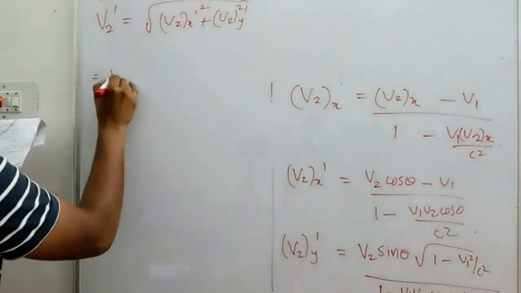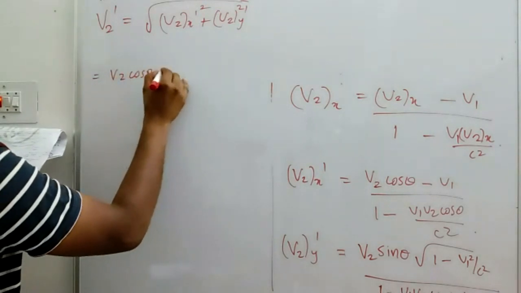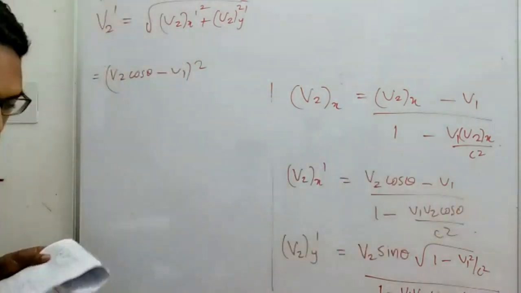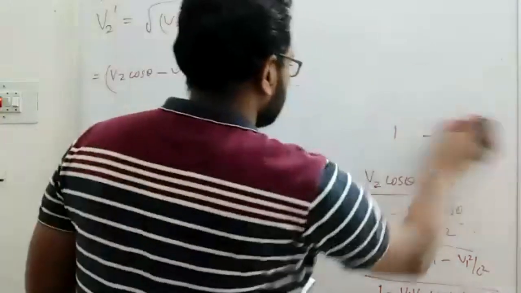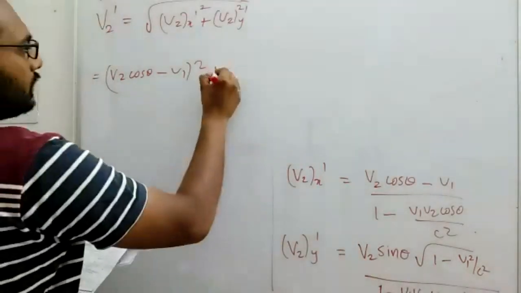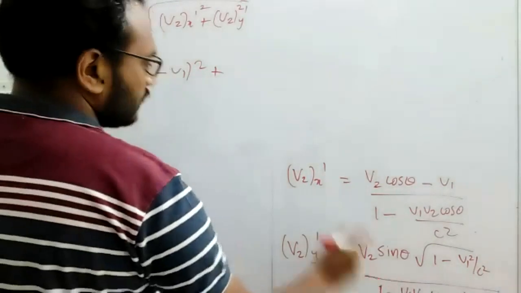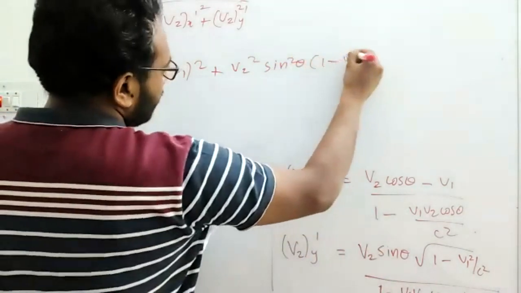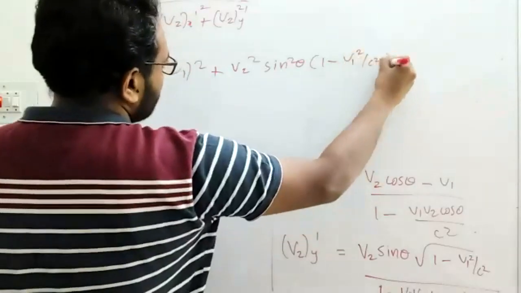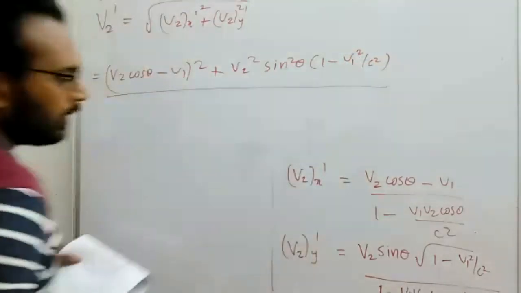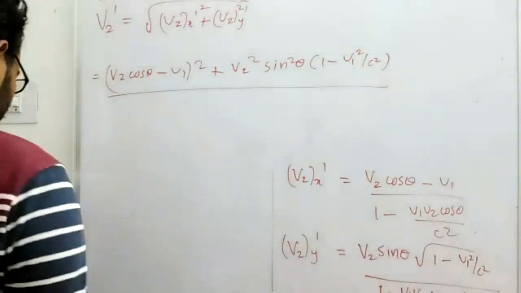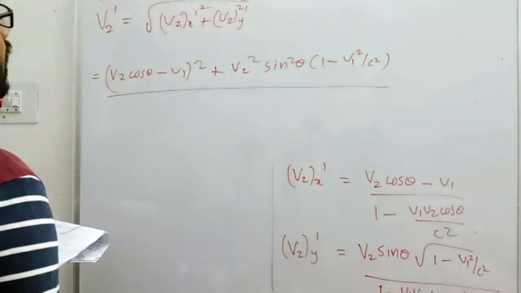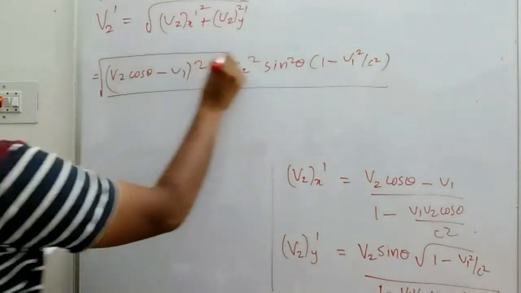So it's equal to V2 cos theta minus V1, this term squared, plus V2 square sine square theta times 1 minus V1 square by c square, and divided by, you see that the factors are the same, and there's a square root there.